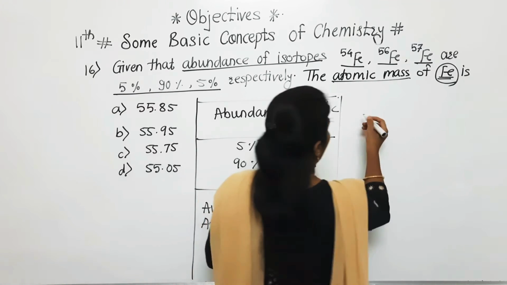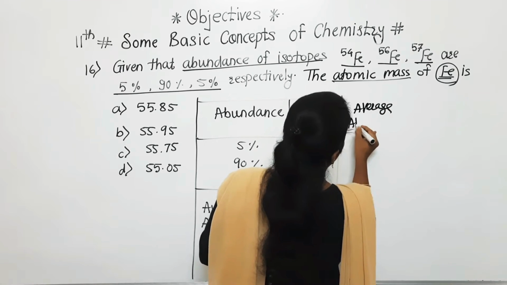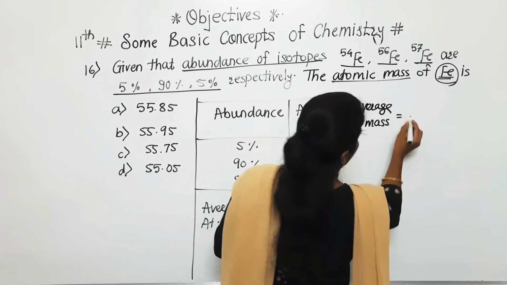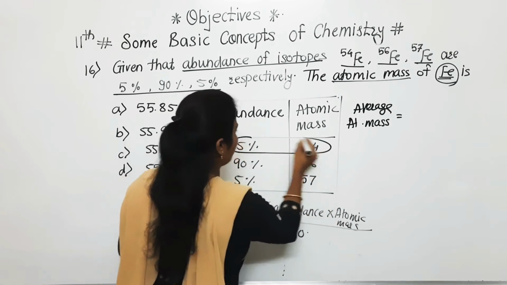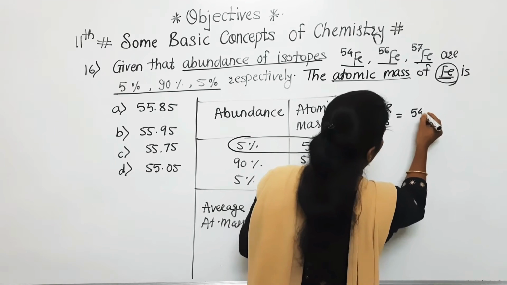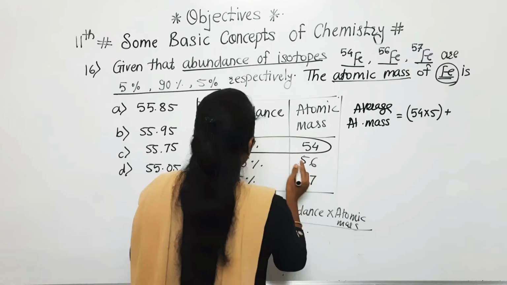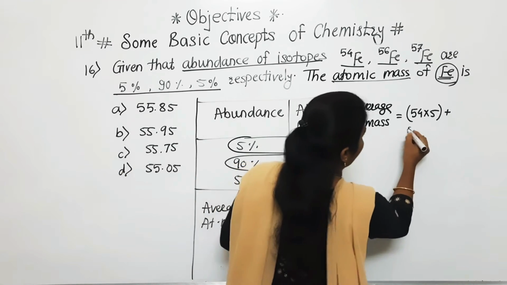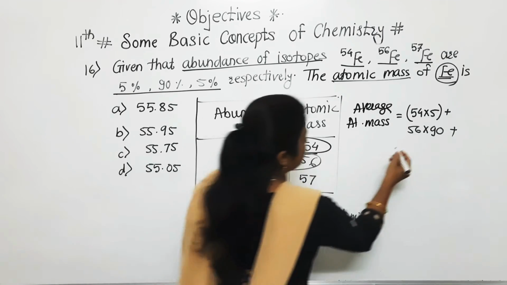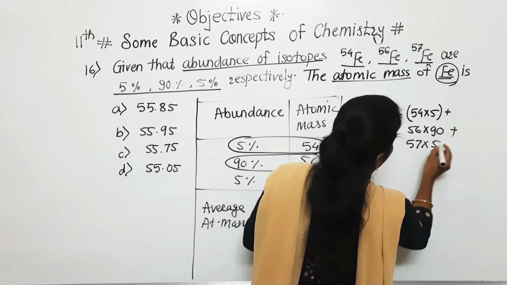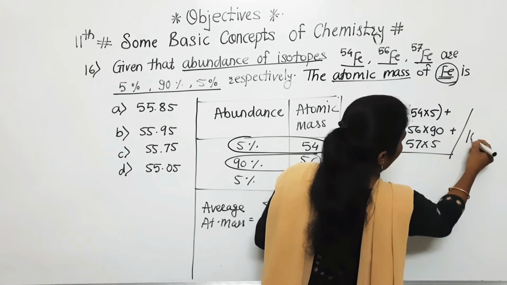So here, average atomic mass is equal to abundance into atomic mass: 54 into 5 plus 56 into 90 plus 57 into 5. After calculating this we have to divide by 100.